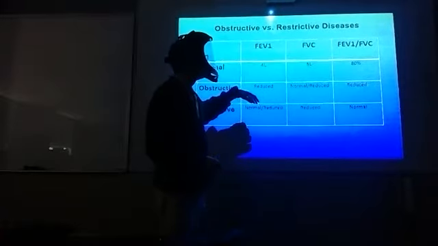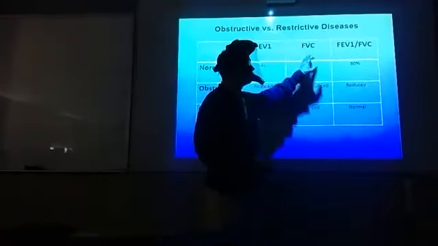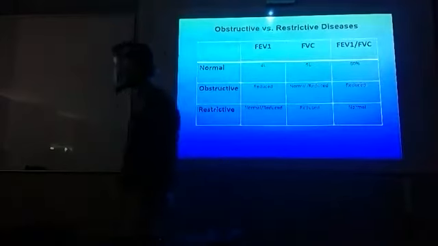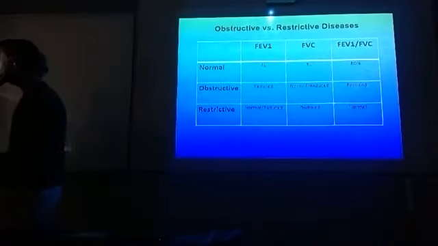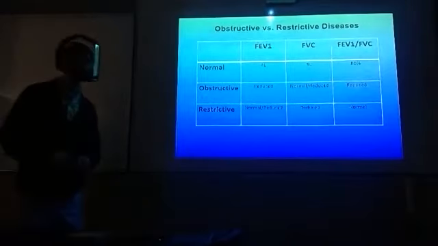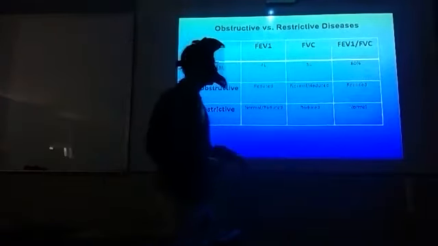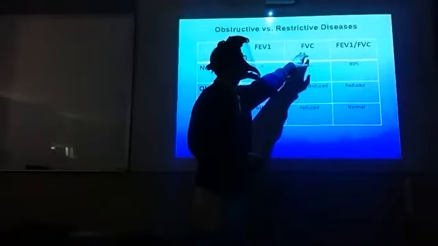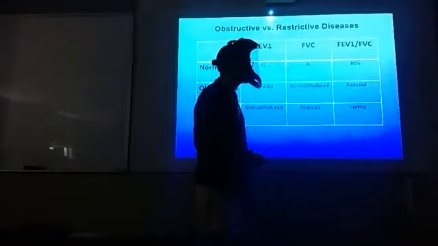We talked about the forced vital capacity. Forced vital capacity is the amount of air that you can forcefully inspire and expire without any kind of time limit. Take a deep breath, expire as much as you can. That volume that you can move without any kind of time restrictions is about 5 liters. That's the forced vital capacity.